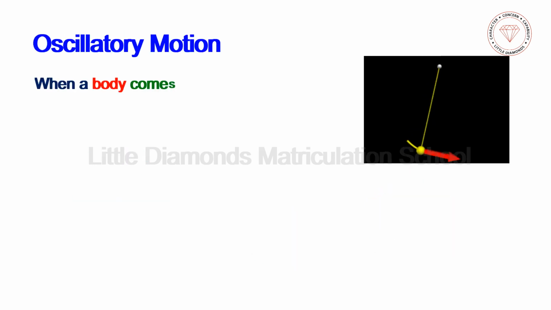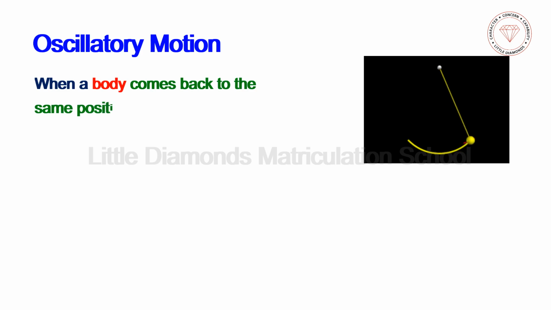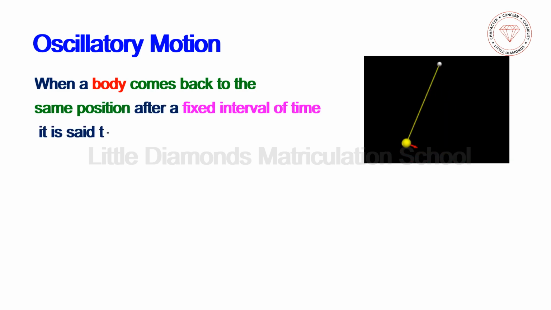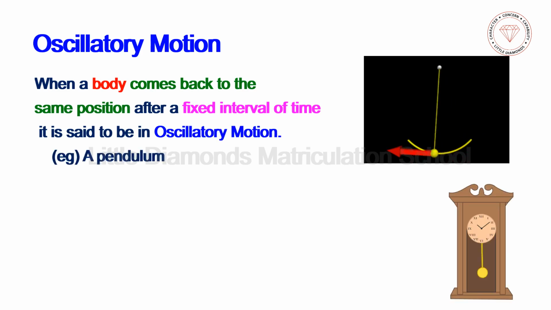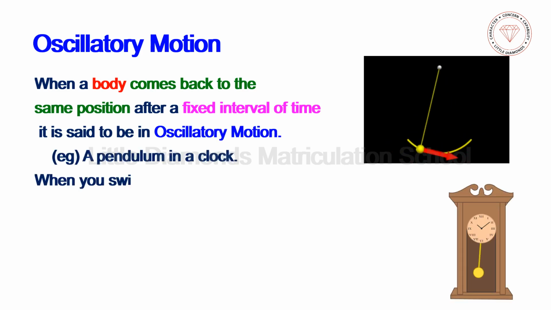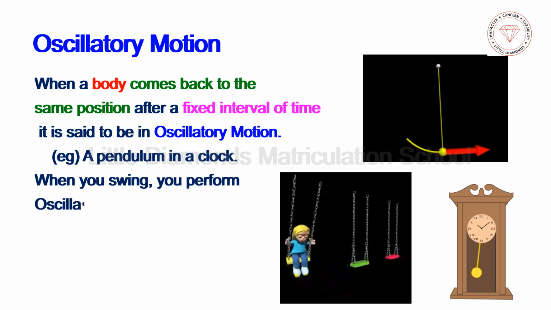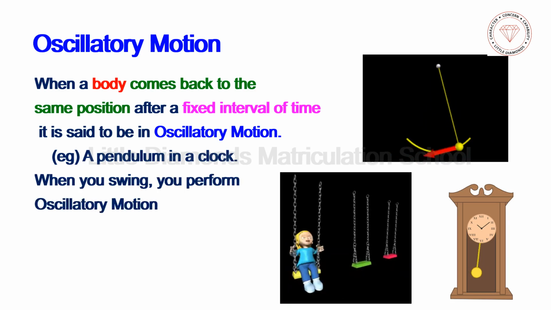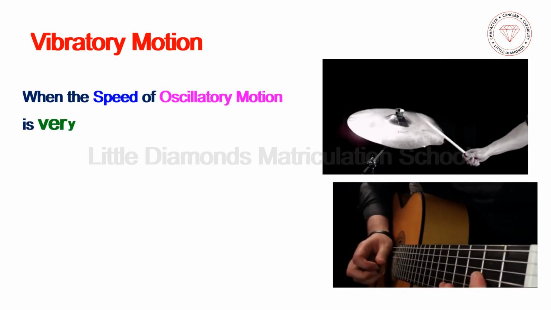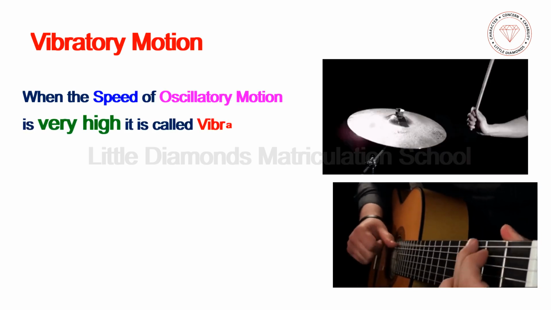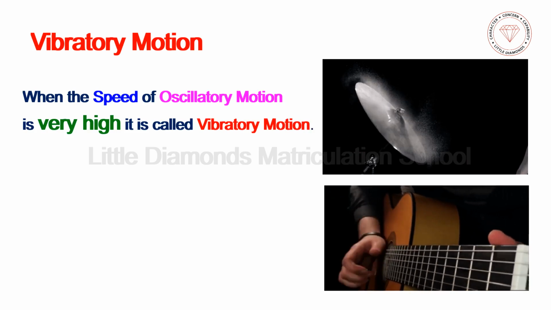When a body comes to the same position after a fixed interval of time, it is said to be in oscillatory motion. Example, a pendulum. When you swing, you perform oscillatory motion. When the speed of oscillatory motion is very high, it is called vibratory motion.